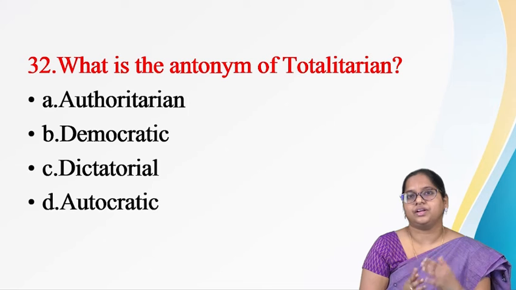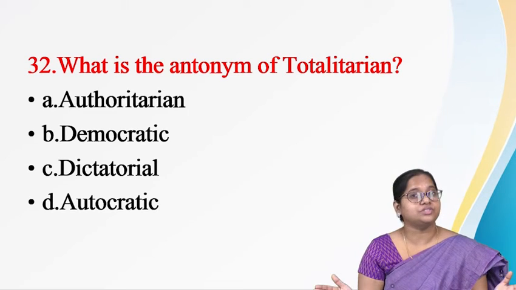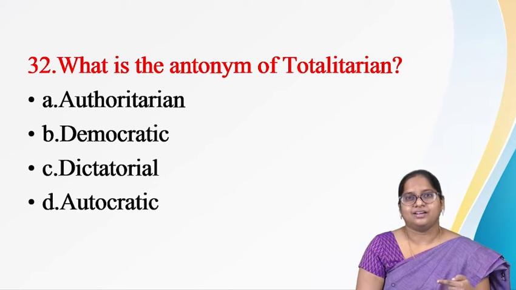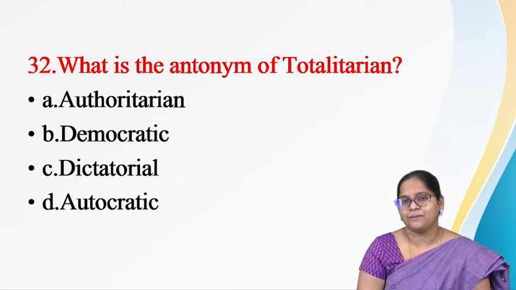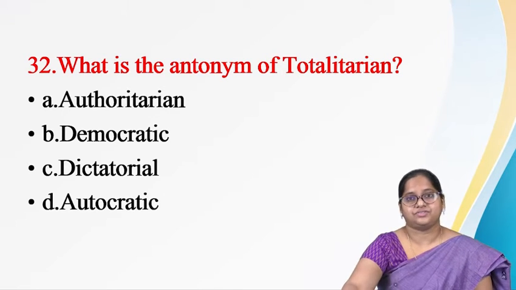So again, it is related to authoritarian, it is related to dictatorial, and of course, it's not related to democratic. So now the three are on the same line, sounding the same in meaning. Option B, democratic, is the antonym of totalitarian. So option B is the right answer.